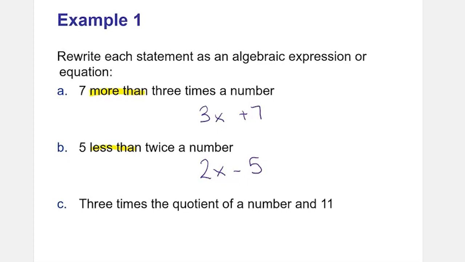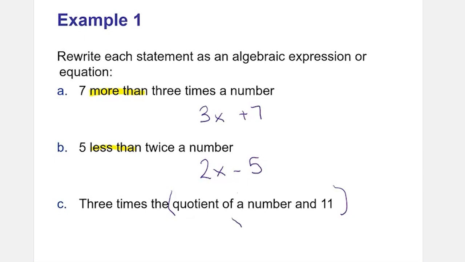3 times the quotient of a number and 11. Now, what this is saying is 3 times the quotient of a number and 11. Maybe that's not exactly the right place to put the parentheses. So we're going to do the quotient of a number and 11.